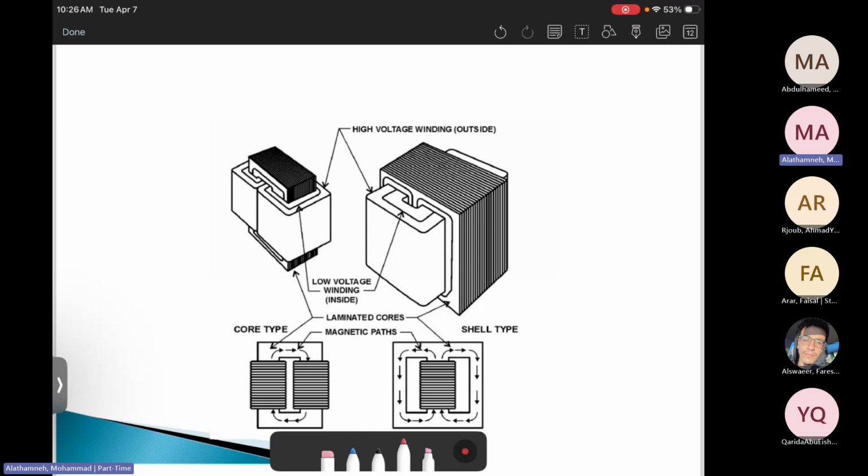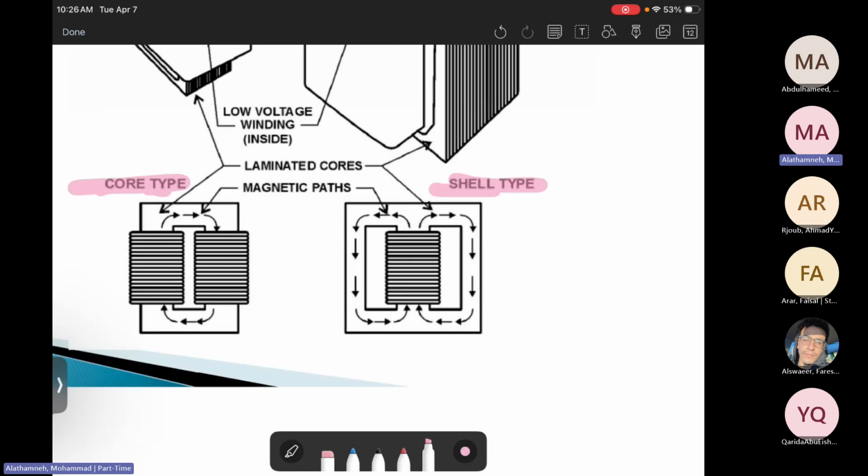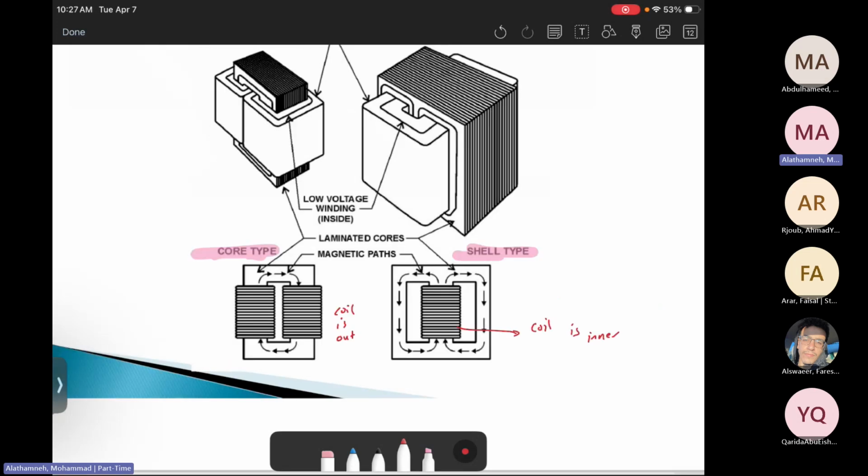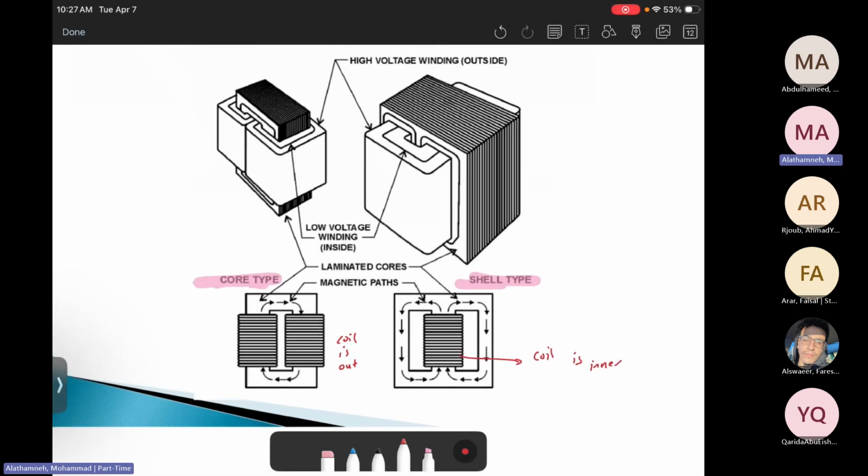When you look at it, there are two types: the shell type and the core type. In the shell type, the core is outer and the coil is inner. While in the core type, the coil is outside. When you look at the shape, you need to distinguish which one is shell type and which one is core type.